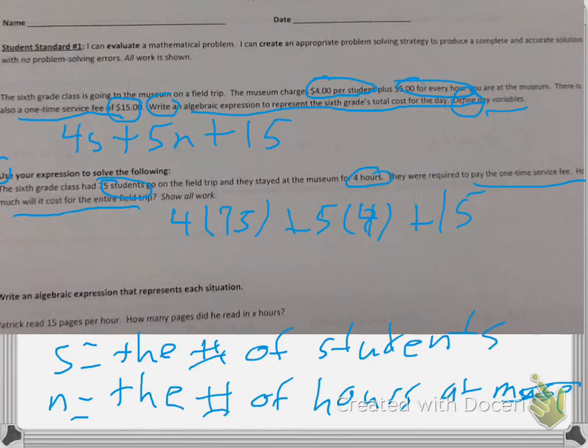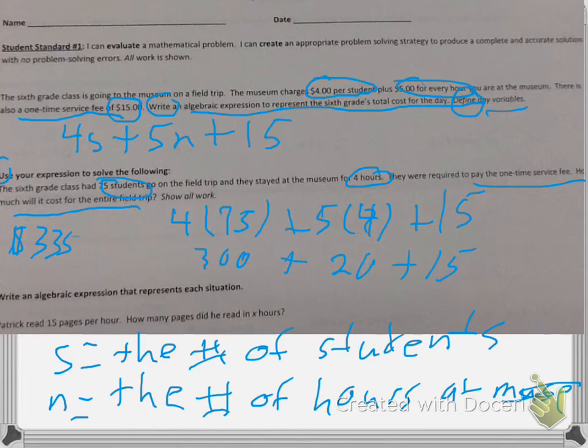So 4 times 75, I know 75 times 2 is 150. So if I double that, because 4 is double 2, that would be 300 plus 5 times 4, which is 20, plus 15.